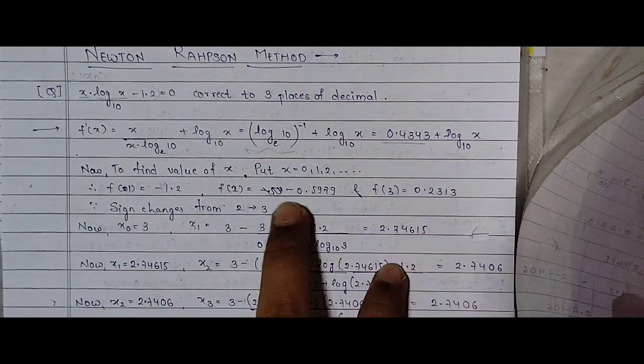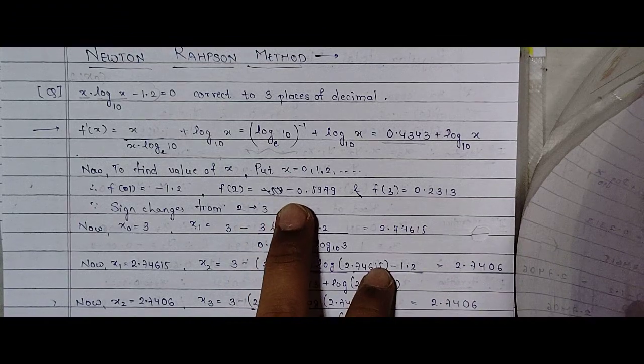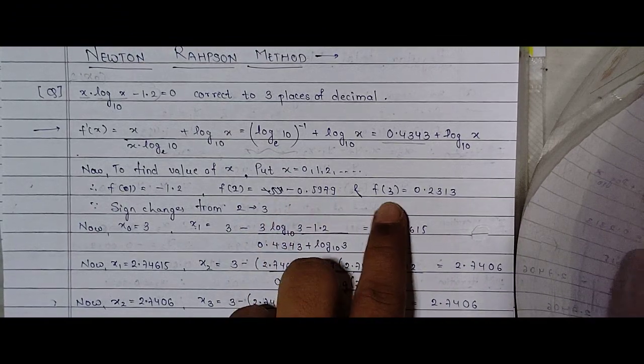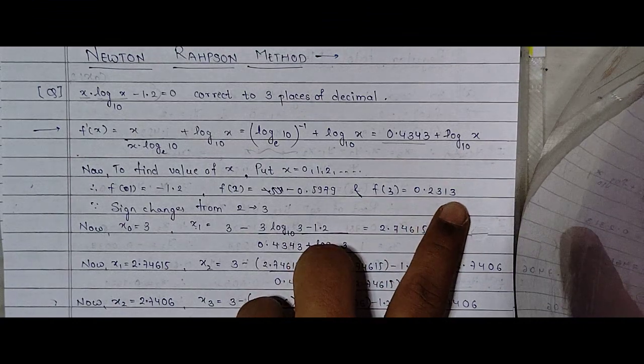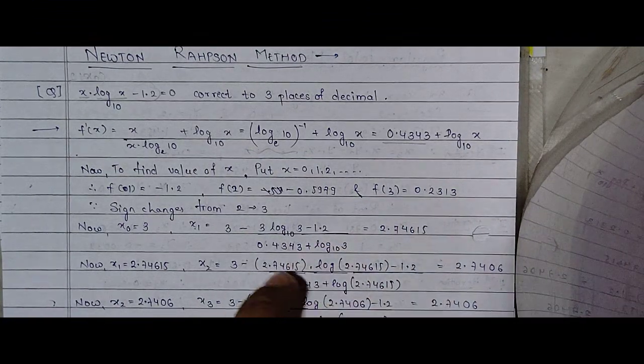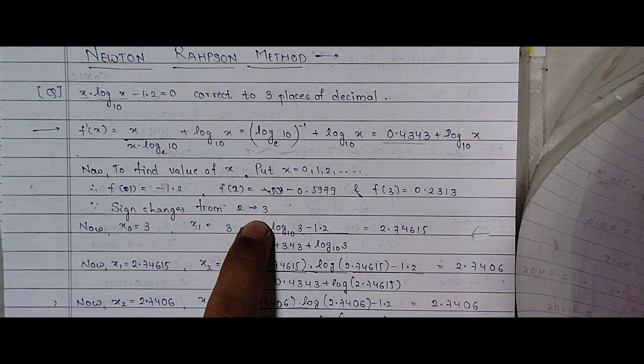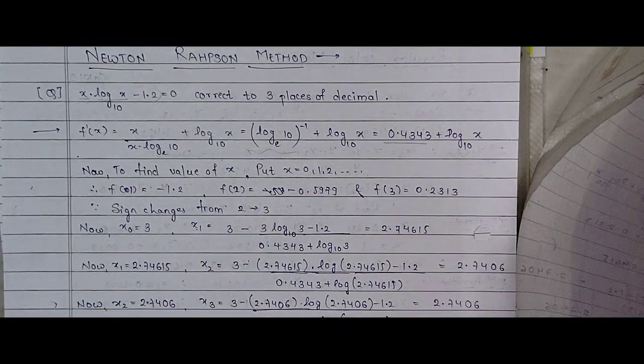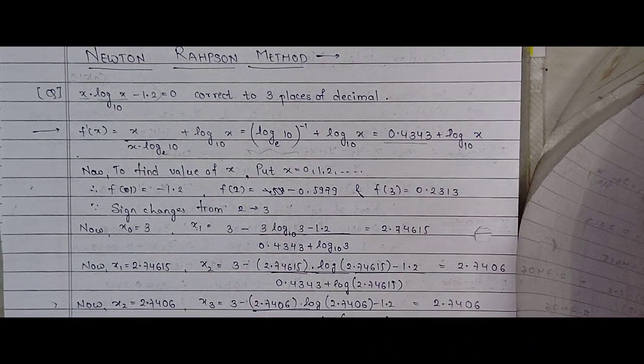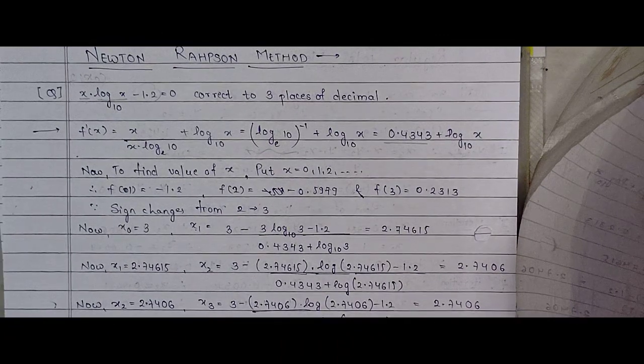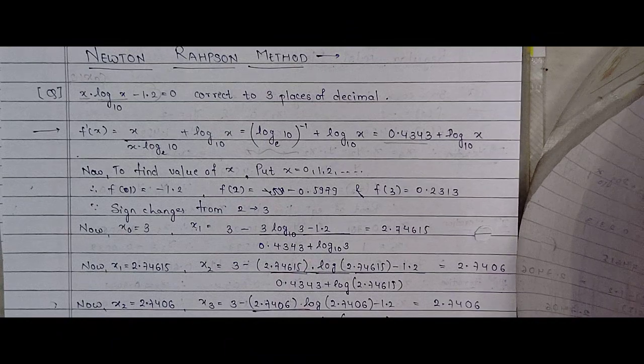So now guys, if you see here, f of 2 you are getting minus 0.5979 and f of 3 you are getting 0.2313. As I have told you, the sign is changing from 2 to 3. That's why we have got the 2 points where the value of x will lie, that is 2 and 3. So the next question is, how will we consider which value to take as x naught?